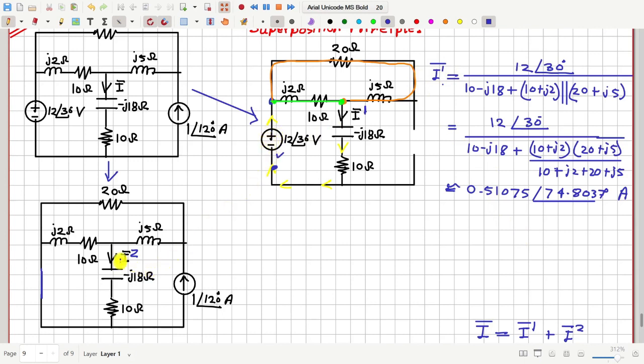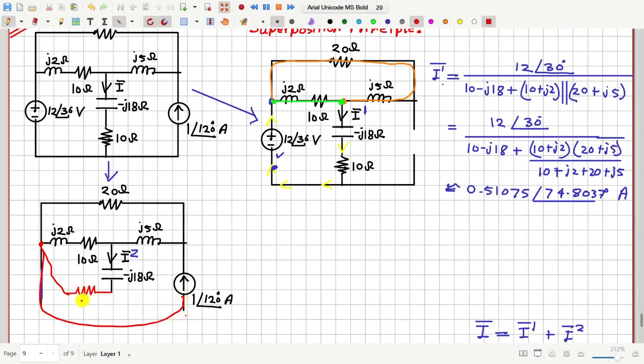Now let us find out how much is this current through the capacitor due to this current source alone. For that it will be visually pleasing if I redraw this circuit like this. Let me put this resistor here and this is connected here. And then as you can see there is another path, another connection like this.